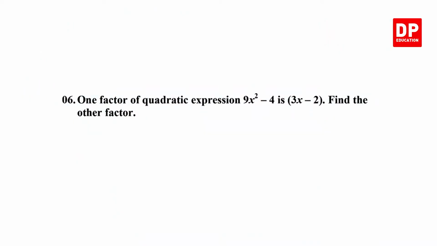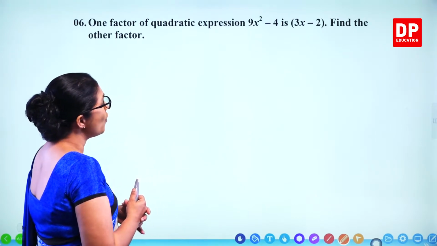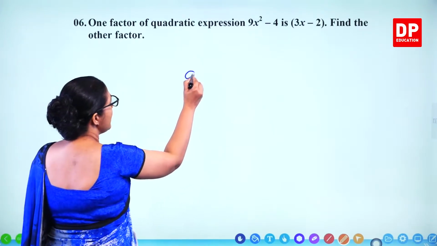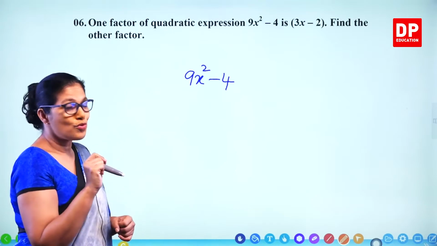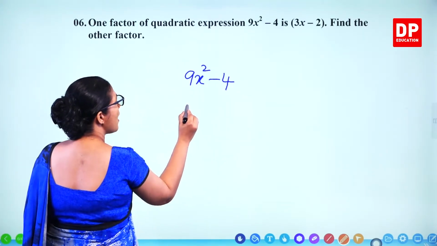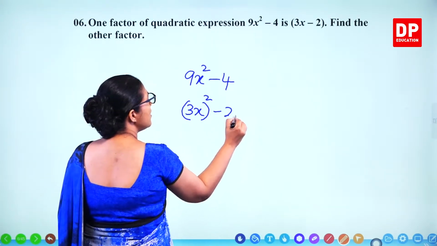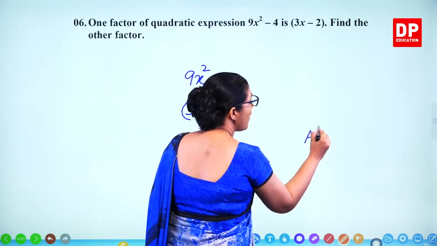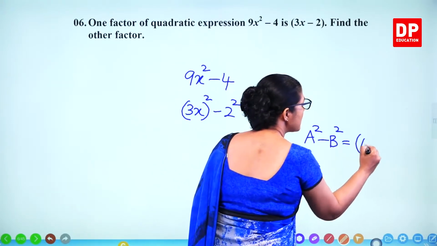Question number 6. One factor of quadratic expression 9x squared minus 4 is 3x minus 2. Find the other factor. So what's that? 9x squared minus 4. This is a difference between two square terms. Can you remember? 9 is a square number, 4 is a square number. I can write this as 3x whole thing squared minus 2 squared. So if you can write down the difference between two squared terms like this, what are the factors?